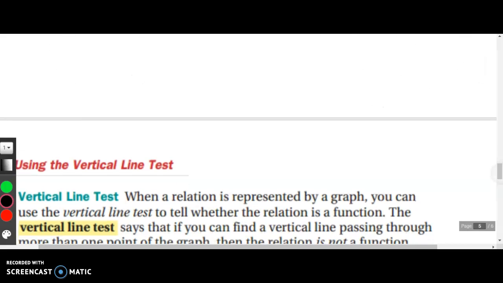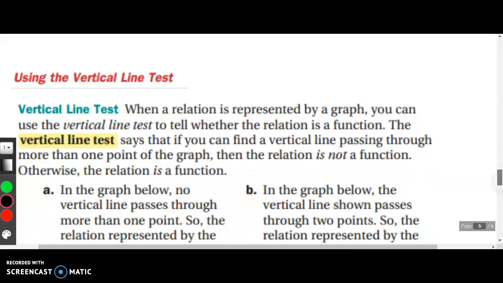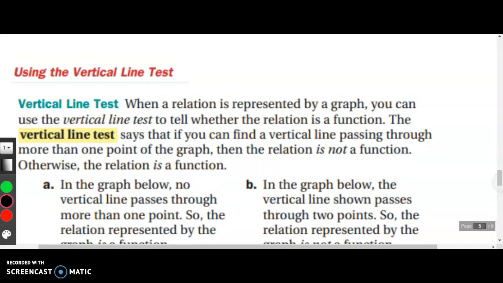Now, I said we weren't going to practice graphing, but where does graphing come into play? Well, remember, if we graphed a bunch of points and we're looking for a repeating x value, since this is our x and this is our y, if let's say I have the points (3, 2) and (3, 5), we know that that's not a function because the 3 repeats.